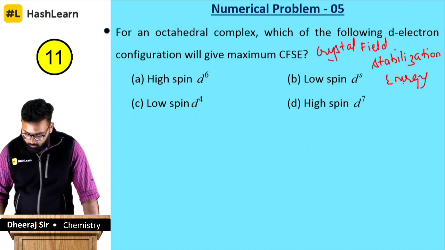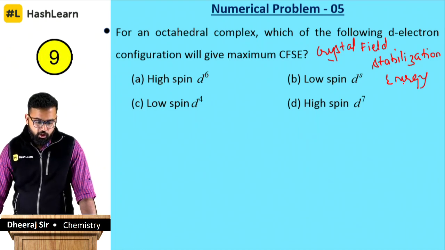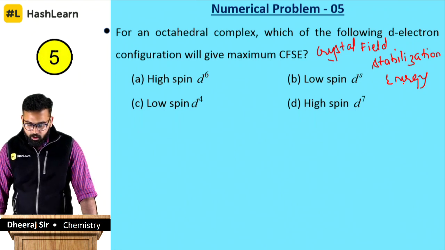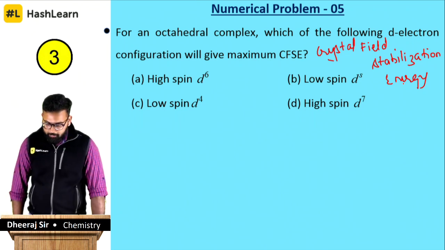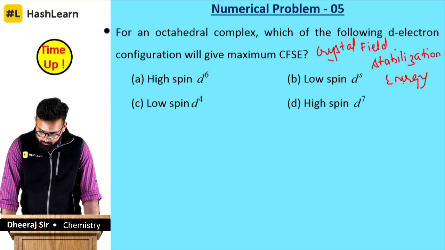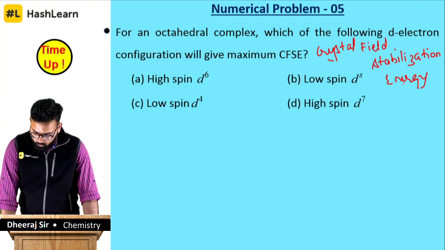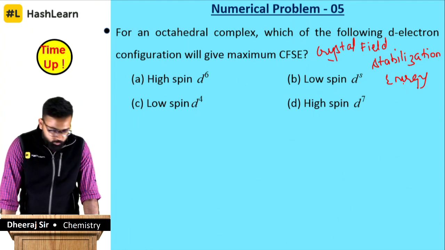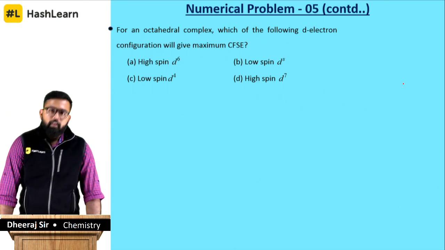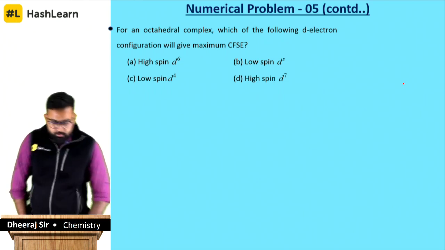So quickly have a look at it. It's an octahedral complex with 6 bonds. So which of the following d-electron configurations will give maximum CFSE? Quickly guys, time's up. Let me know your answers.